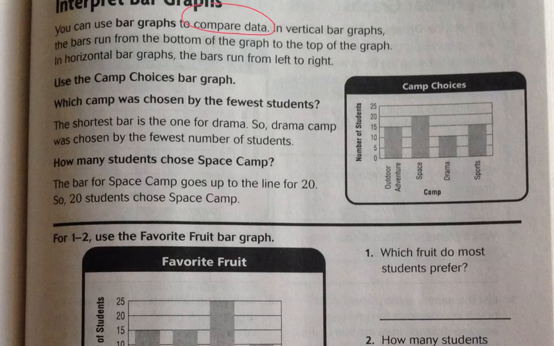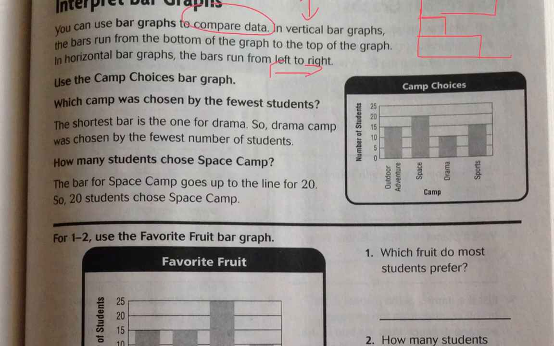In vertical bar graphs, which means up and down, the bars run from the bottom of the graph to the top of the graph, which is what we've been creating up until this point. Horizontal bar graphs run right to left. What that would look like would be bars going like this. So that would be a horizontal bar graph.